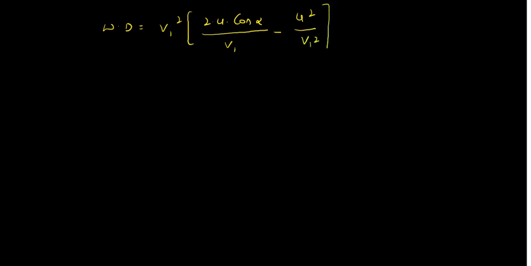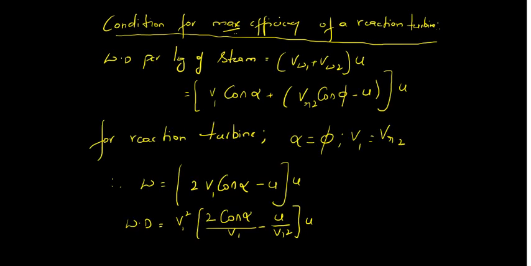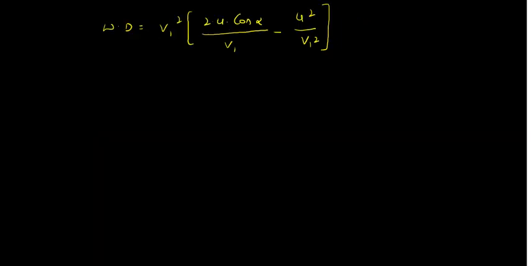Yes, I simply multiplied this U which is outside and I've kept it inside the brackets. I've multiplied with all the terms here. Now it is nothing but V1 square into 2 multiplied by r into cos alpha minus r square. Don't get confused between this r and v, it looks like I'm writing in the same way.